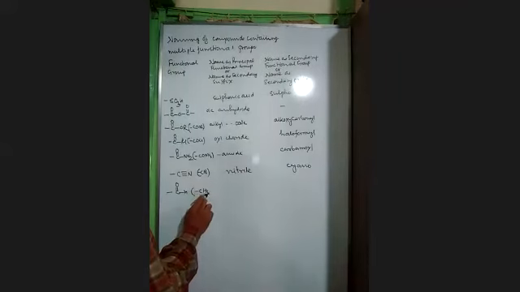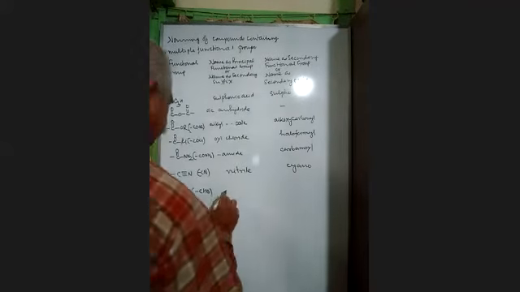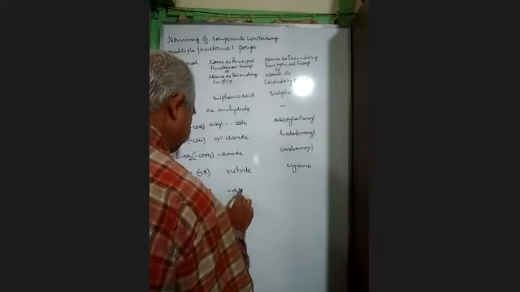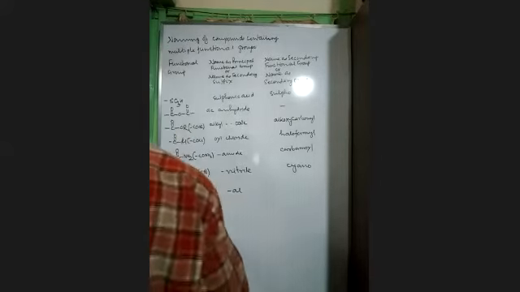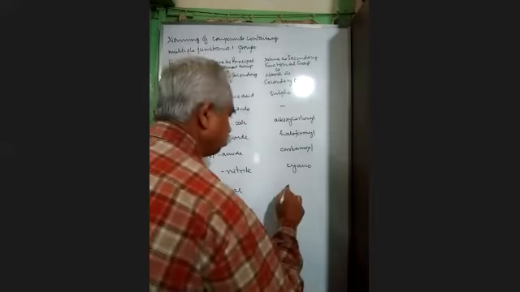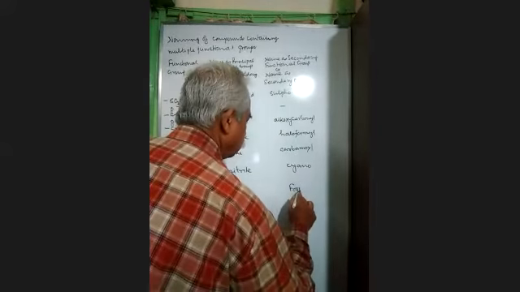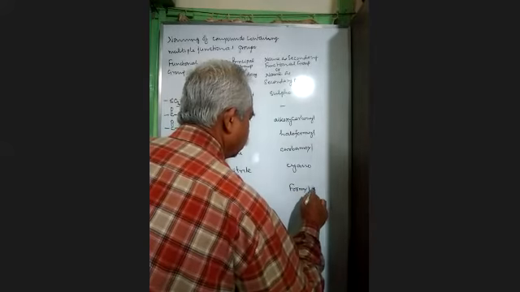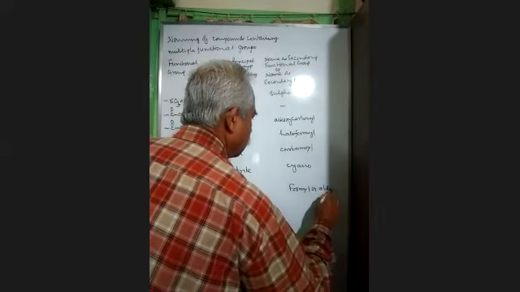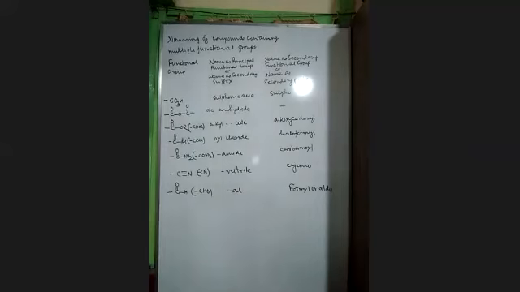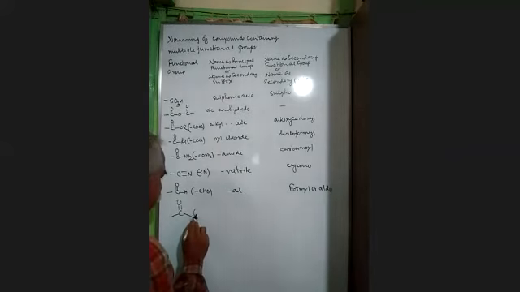How do they write it? CHO. What do you call it? We will call it formyl or oxo. So how is it written?